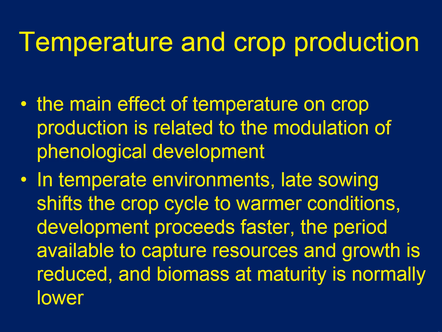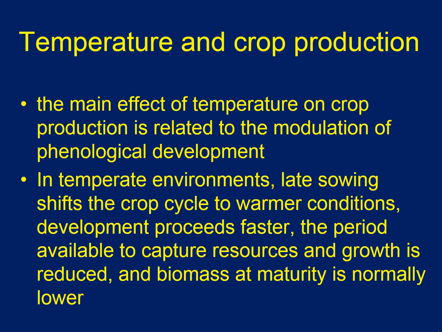Finally, an interesting point about the main effect of temperature on crop production. In general, the main effect of temperature is related to the duration of phenological development. So, in temperate environments, late sowing shifts the crop cycle to warmer conditions, to the summer.